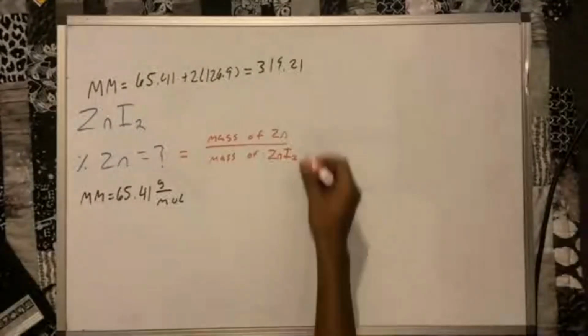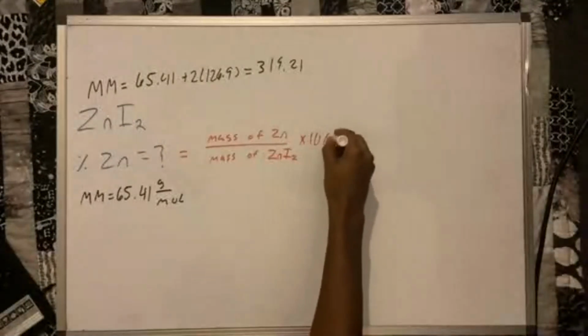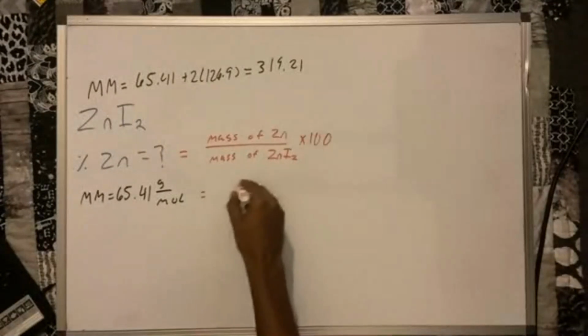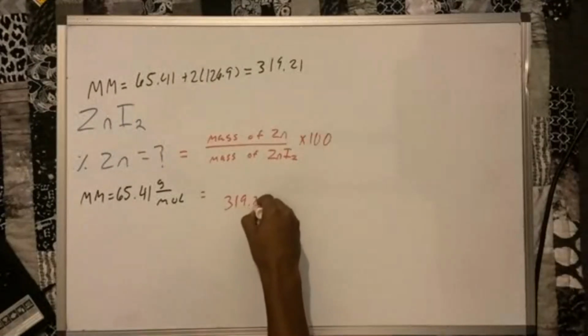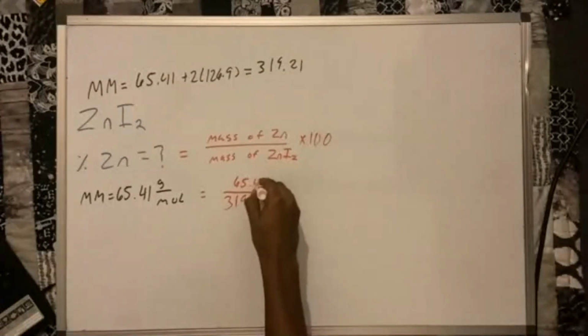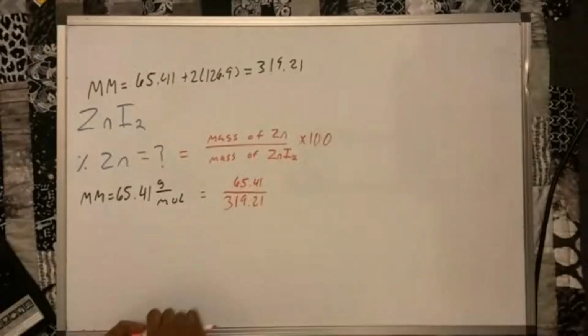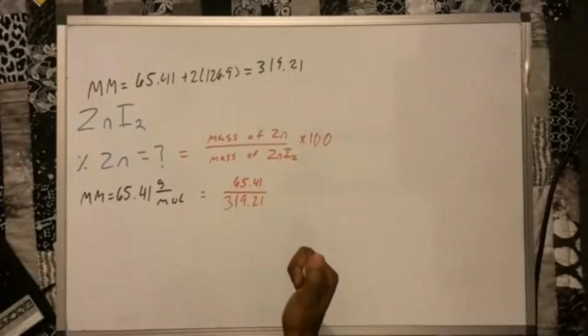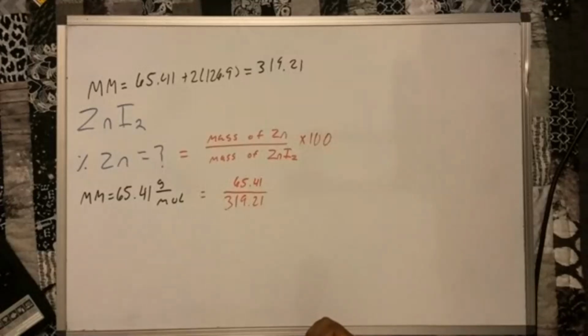Supposed to be a times 100 right here. So we do that, we got our 65.41 over 319.21.